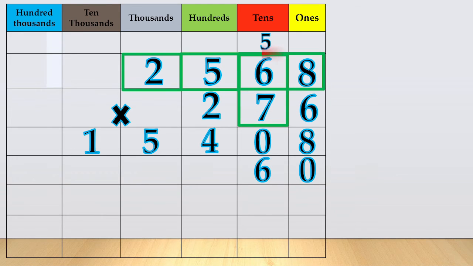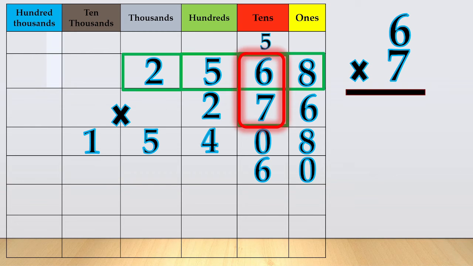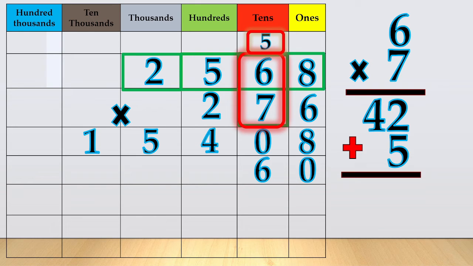Then, multiply 6 times 7. 6 times 7 is equal to 42. Add the 5 that we have carried over. So, 42 plus 5 is equal to 47. So, we need to regroup. 4 will be carried over in the hundreds place column above 5 and 7 under the hundreds column.